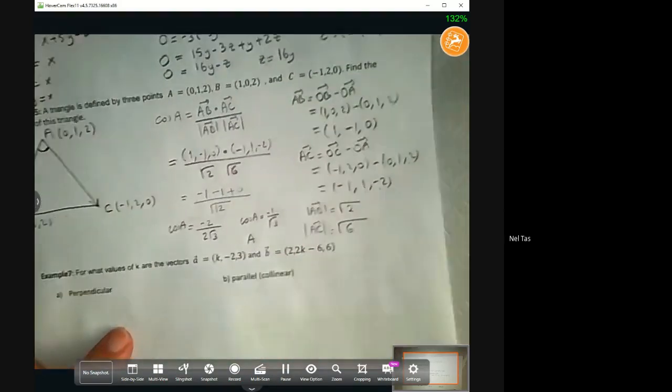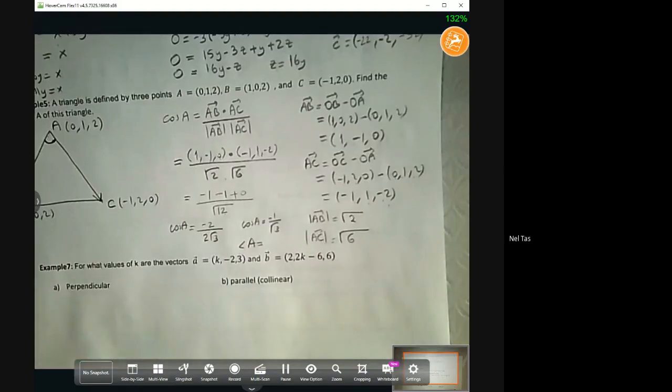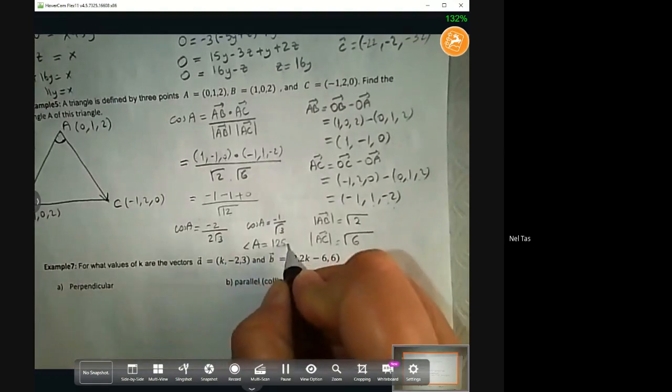Now do the inverse to get the angle A: cos inverse of negative 1 over root 3 gives us 125.3 degrees.